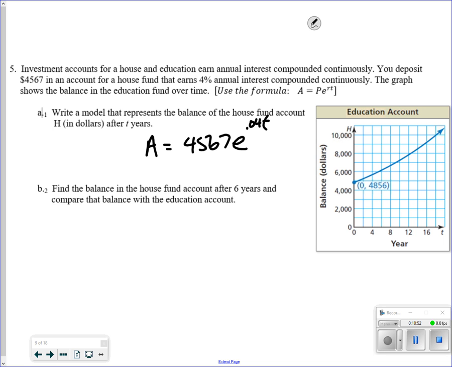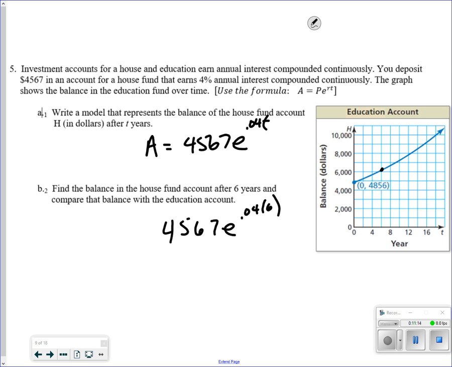So there's the model. Find the balance of the account after 6 years and compare it with the education fund. So 6 years. So over here on the 6 years, it's a little over 6,000. All right. Now let's see if we put 6 years in for t and see what happens.